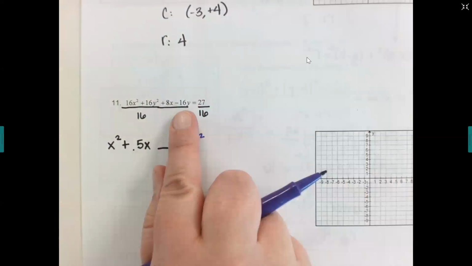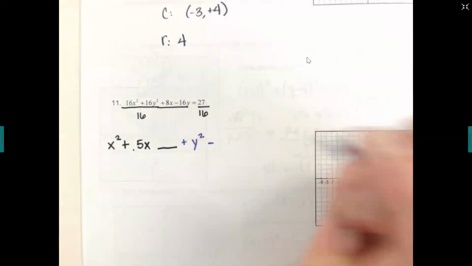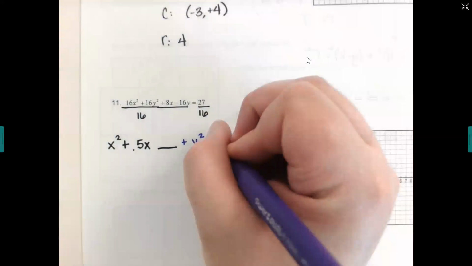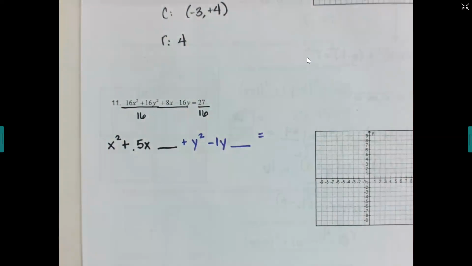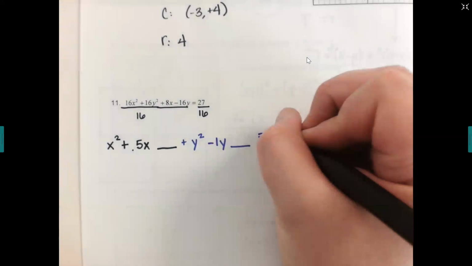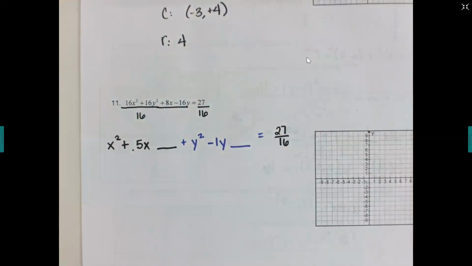And then what about my minus 16y if I divided it by 16? -1y. Save a spot. And then on the other side, 27/16, we're just going to leave it as a fraction because we can use a calculator for it. From here, I can only take half of 0.5.